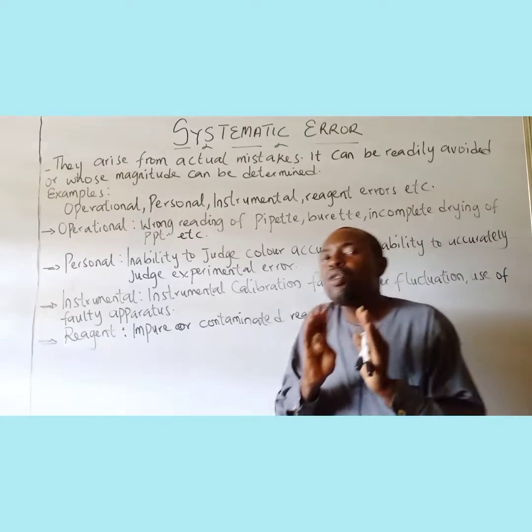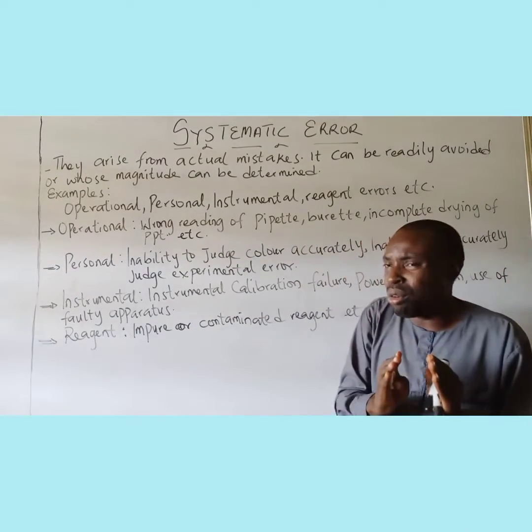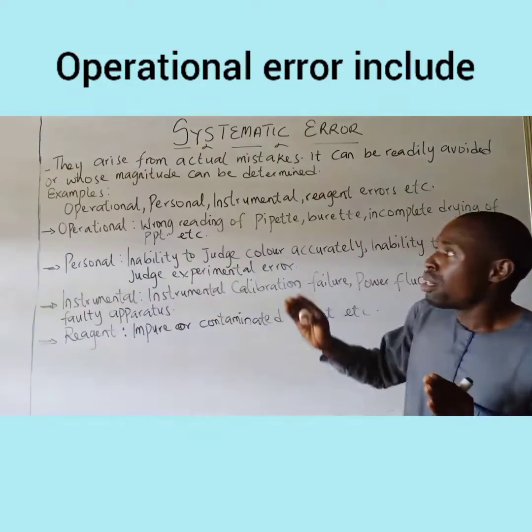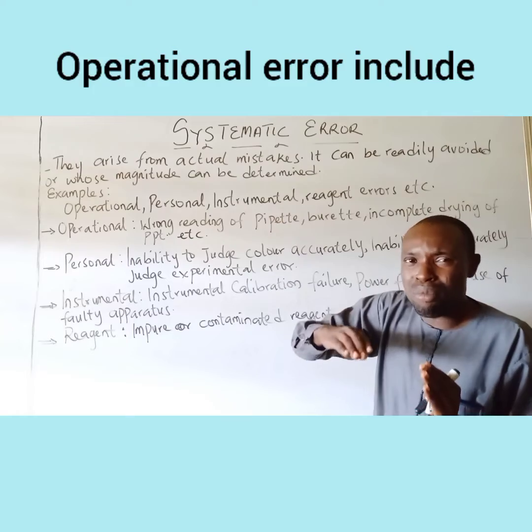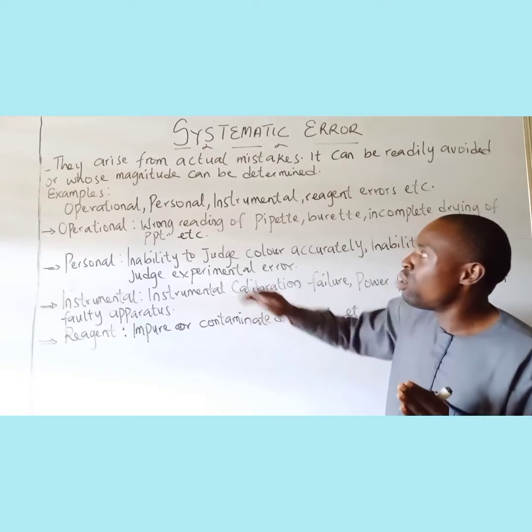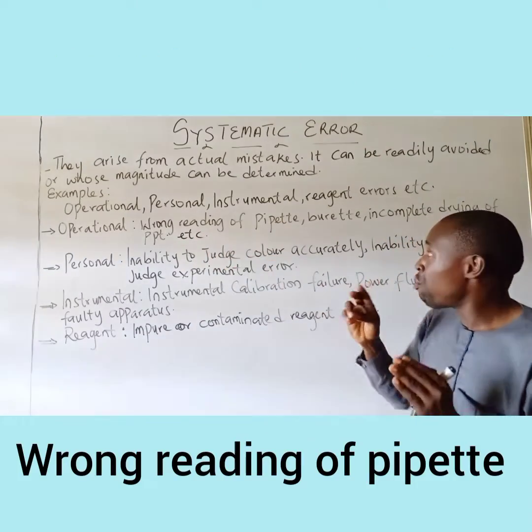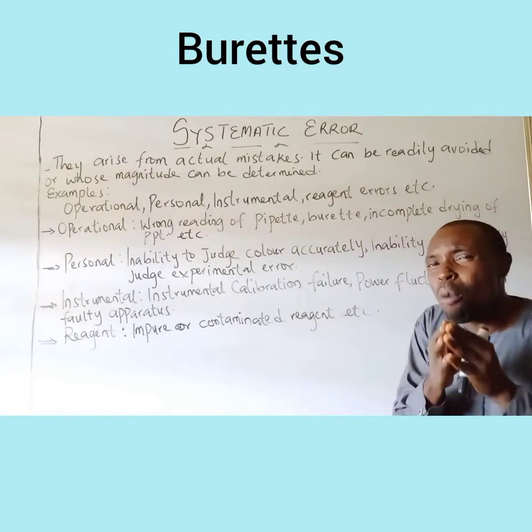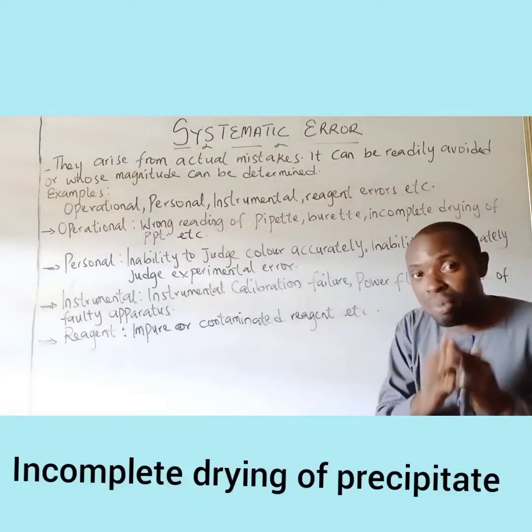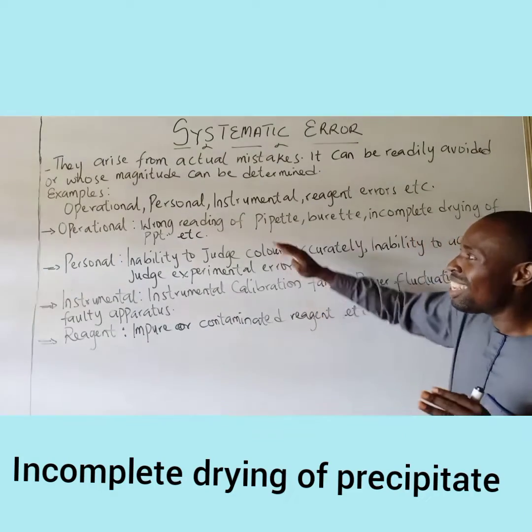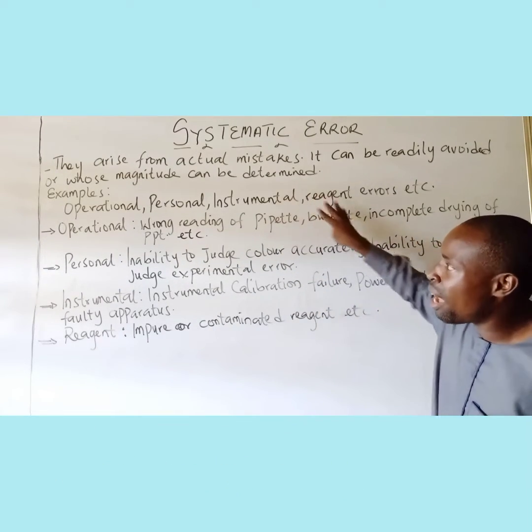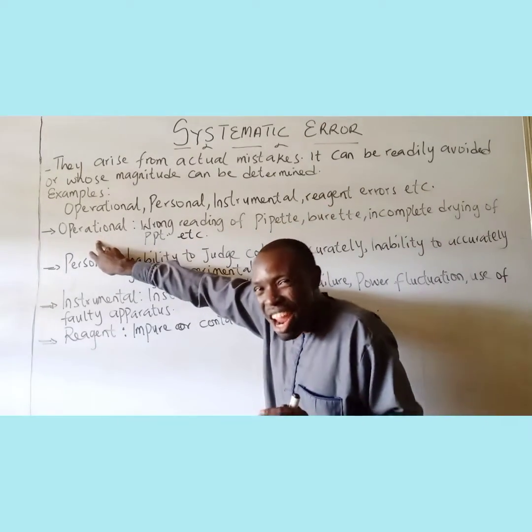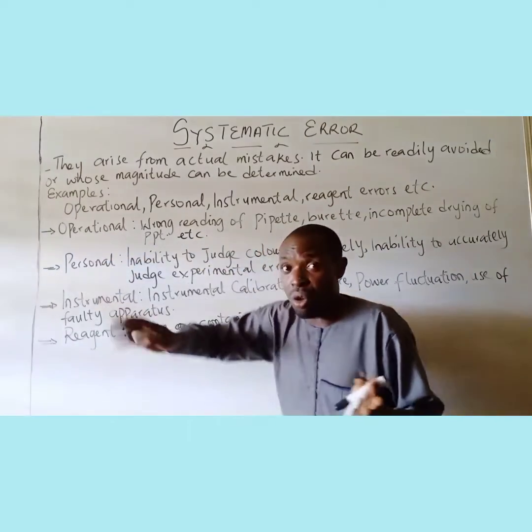When we have the word operational error, what do they include? Some of the sub-divisions include the wrong reading of your pipette or your burette, or your incomplete drying of precipitate. Take note, these examples fall under what we call operational error.